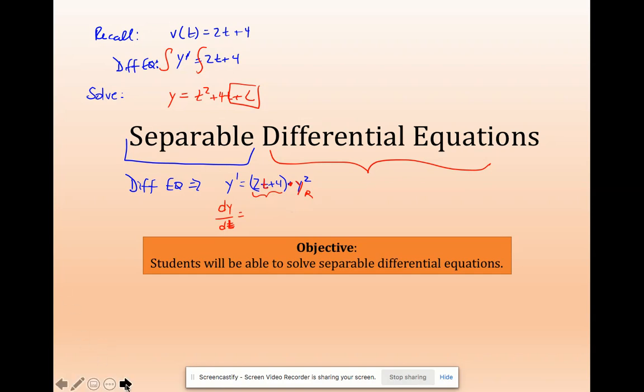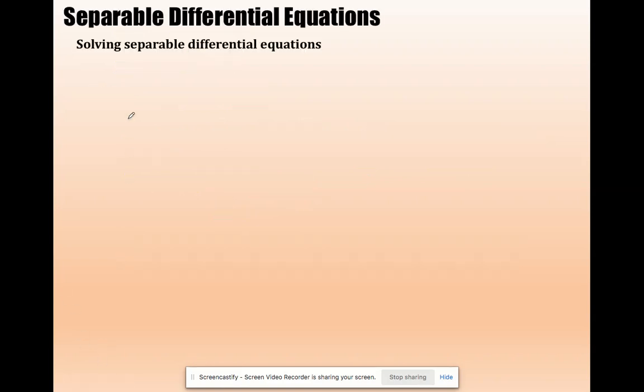So let's go. Solving separable differential equations. I want you to look at this equation. It is a differential equation because it has a derivative in it. Here is y prime. But notice the right side is a product, where one of the factors is normal.